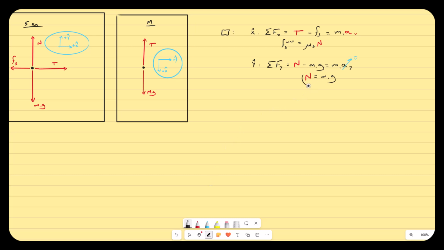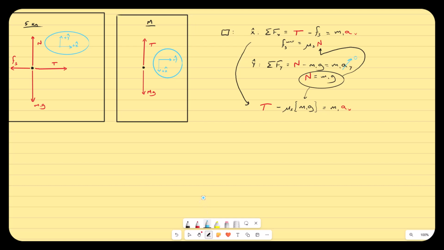That's nice. I'm going to take this value and plug it in there. So now when I do that, continuing on with my playbook, I get that my sum of forces in the x direction are tension minus mu static times m1g, remember that was my normal force, equals m1 times ax.